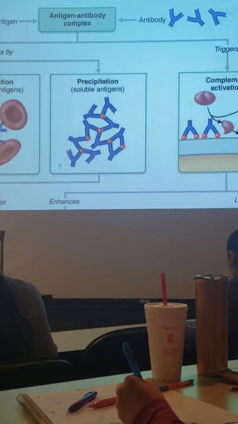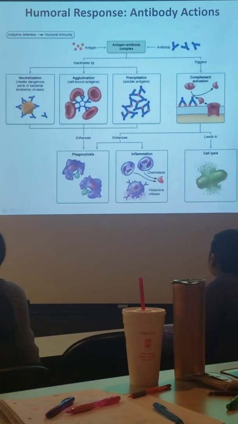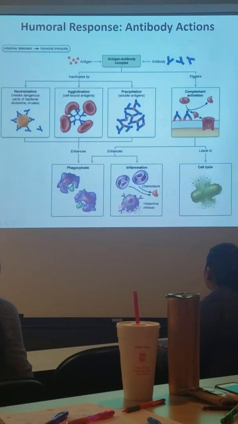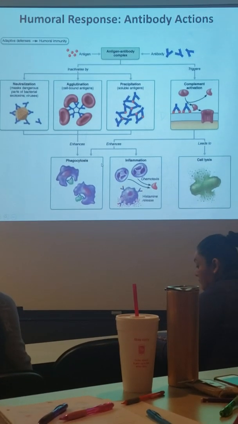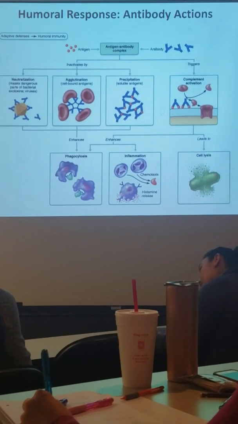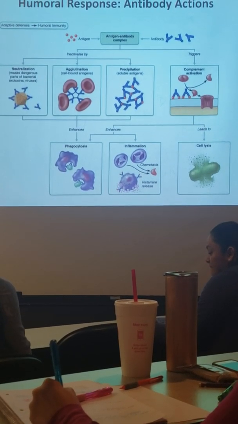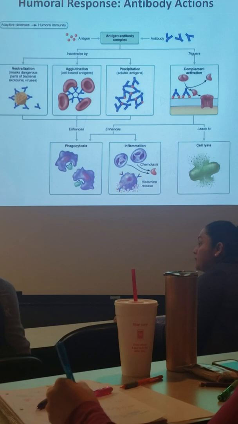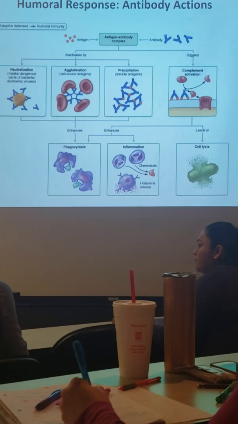So those are some of the major things that happen. We already talked about how it activates complement. Okay? Now, it can also increase phagocytosis. This is a process known as opsonization. Okay? Opsonization is just increasing the susceptibility for phagocytosis. So think about eating. Okay? If I have a cake, right? I go to the store, I buy some cake mix, I put it in a pan, put it in the oven, pull it out.